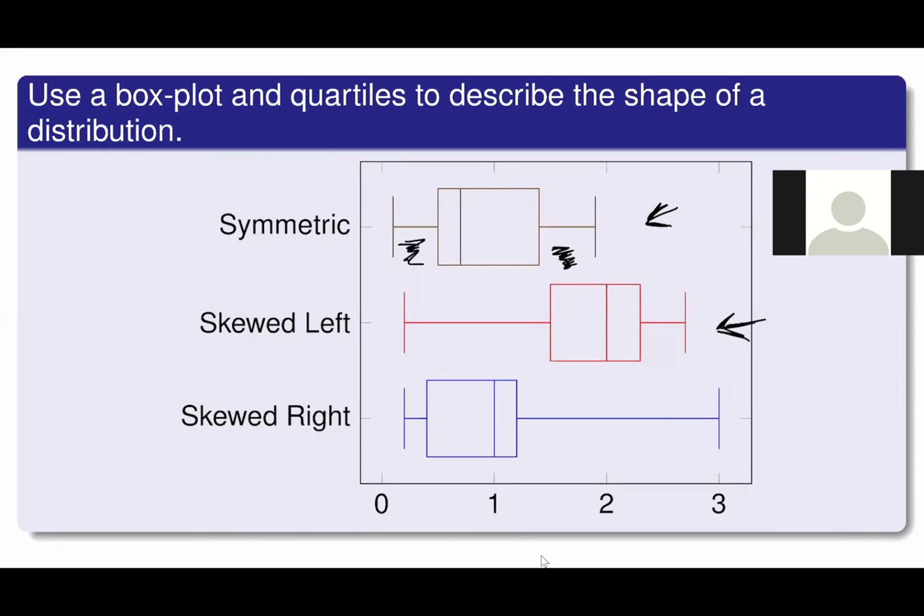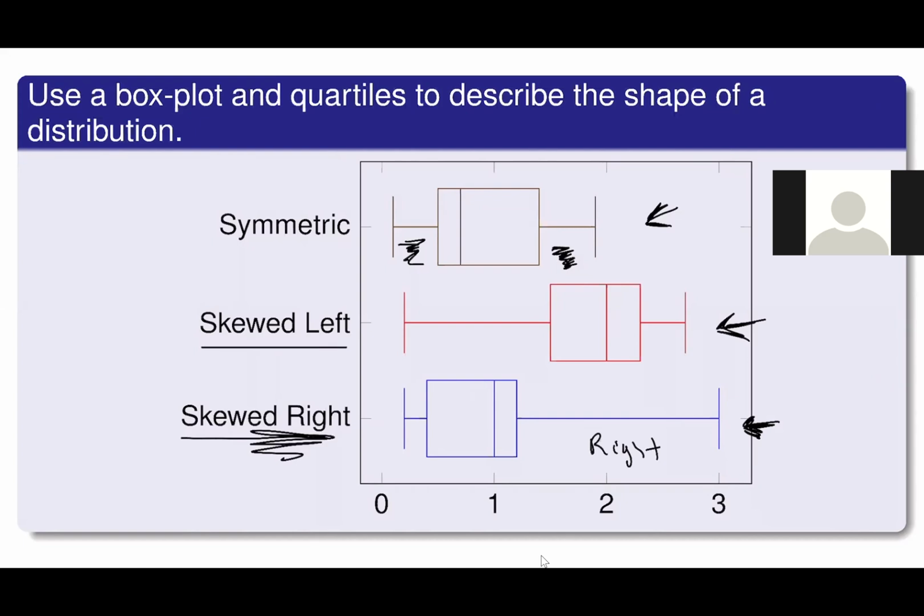And that's why this one will be considered skewed to the left. If you look at the blue box plot, the right side has a longer whisker. So for this one, it will be skewed to the right. That's how you can use your box plot to determine the shape of the distribution.